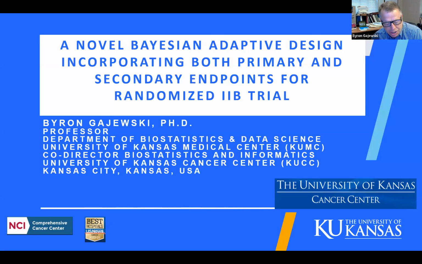Bayesian meaning one gets inference at the end of the trial based on a posterior probability of a hypothesis being true, an alternative hypothesis, given the data, which is a little different than what one would traditionally make inference using a p-value, where a p-value is the probability of data given a hypothesis. What the Bayesian posterior probability allows one to do is to interpret the probability, again, of a hypothesis for this particular trial at the end of it.